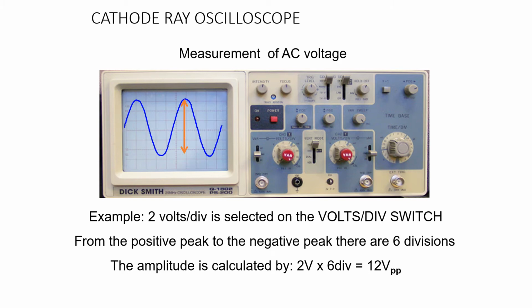So the amplitude is calculated as volts per division into the number of vertical divisions on the CRO screen. 2 volts per division into 6 divisions vertically gives you 12 volts peak to peak.